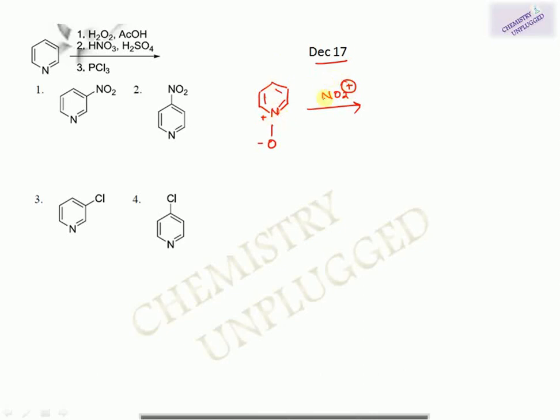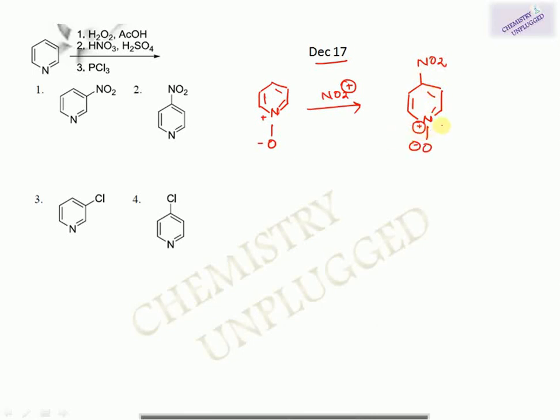NO2 is an electron withdrawing group and this is an electron deficient nitrogen, so if they are close to each other, it will be less stable compared to substitution at the fourth position. So we will get this one as the major product. Substitution will take place at this position.